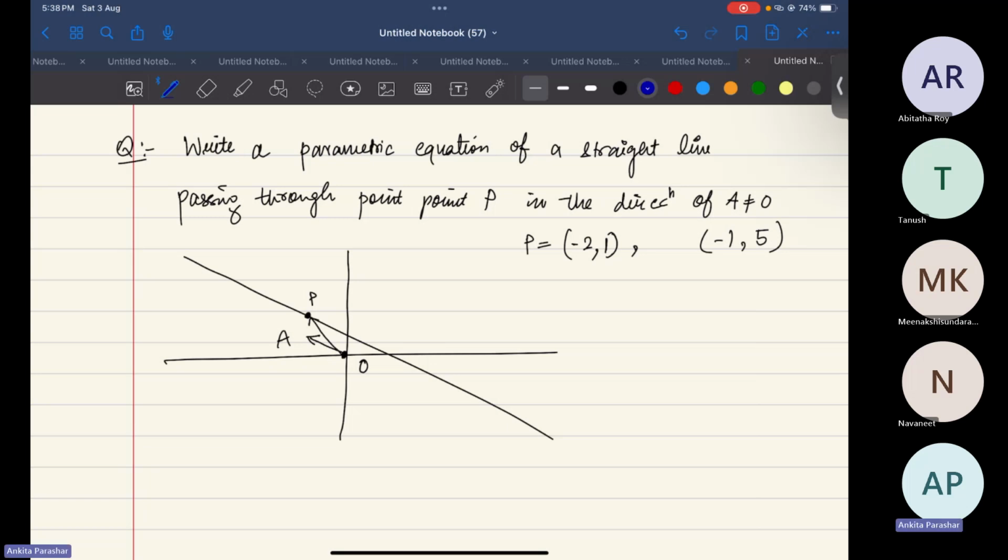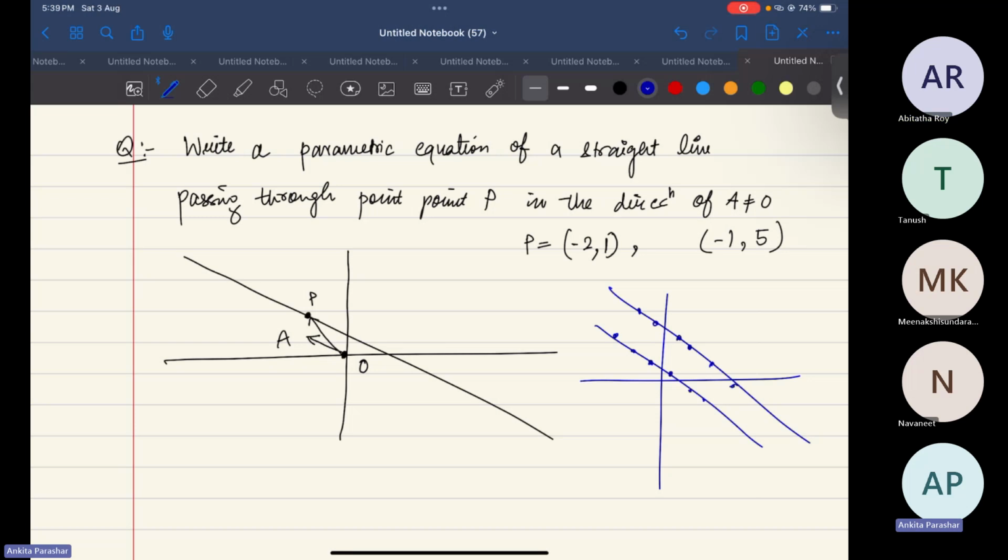Suppose two lines are parallel. If I look at the difference of two points, suppose this line is parallel to another line. If I take two points, can you tell the difference of those two points? The difference would be equal everywhere.